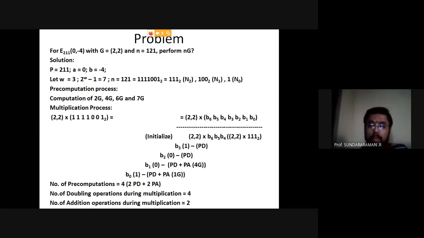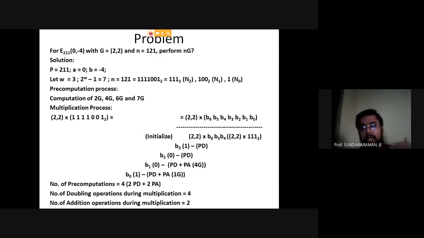So total doubling operations during the multiplication is 4, total number of point addition operations during multiplication is 2. Therefore, total number of point doubling operations is 4 plus 2, 6, including pre-computation I am telling. Total number of point addition operations during multiplication including the pre-computation is equal to 4.